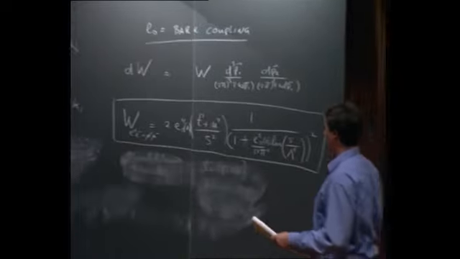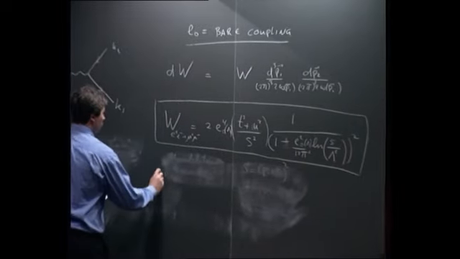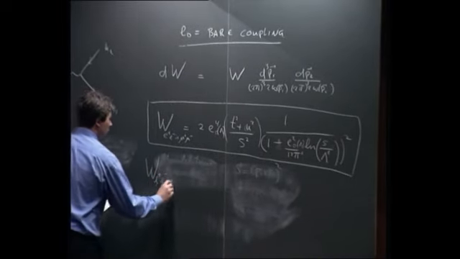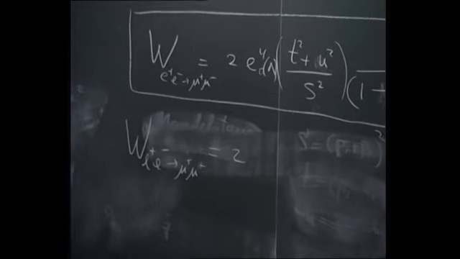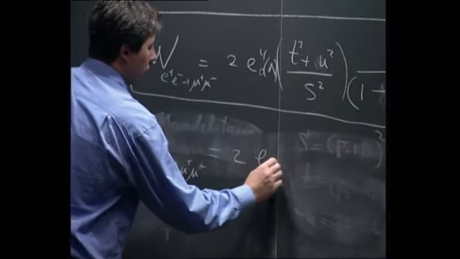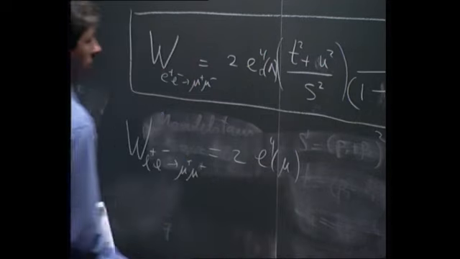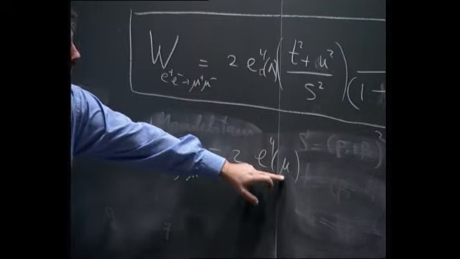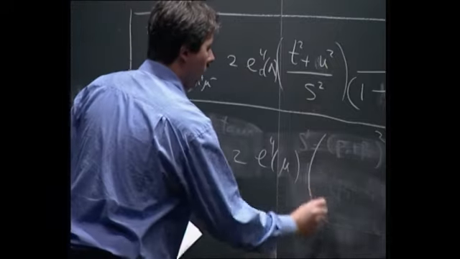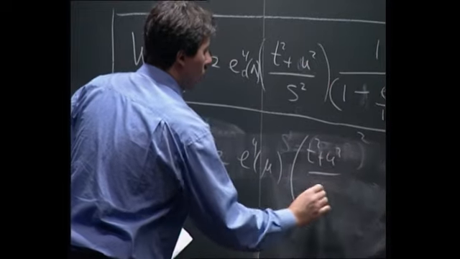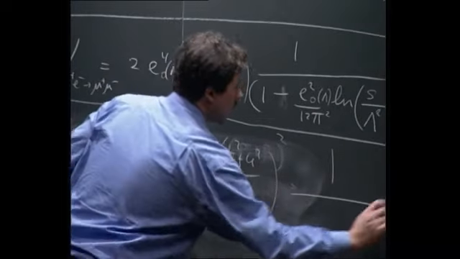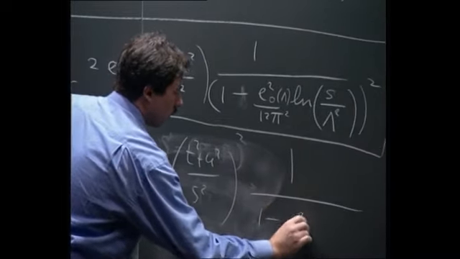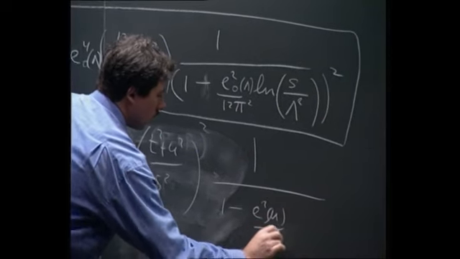So this expression which I have here, lambda can be eliminated from it now. W E plus E minus is going to be expressed purely in terms of the physical coupling constant now. The physical coupling constant which I measured at a particular scale, which is called the renormalization scale mu, then I have my expression in terms of the Mandelstam variables, and then this is going to be simply expressed also in terms of E of mu. And so indeed lambda has disappeared.